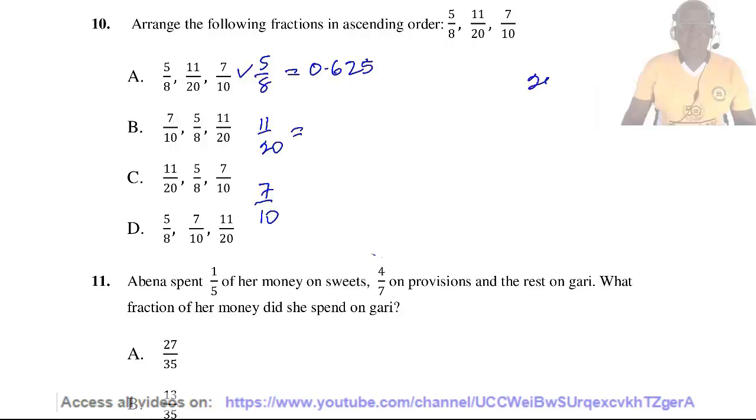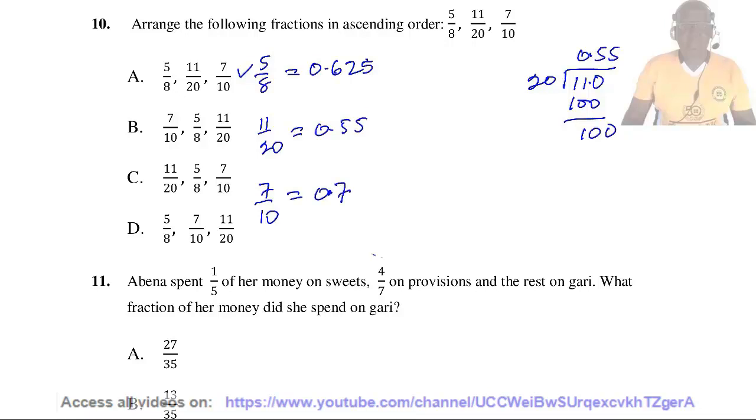Now, 20 into 11. 0 over here. So 500, then 10. 0, 5. So 0.55. And this one here is 0.7.